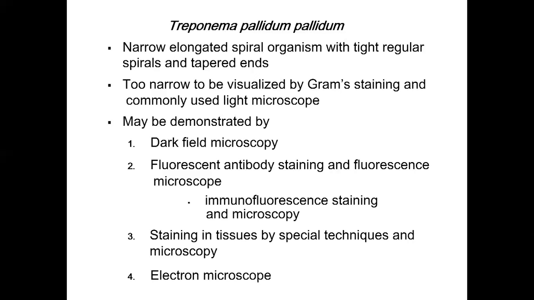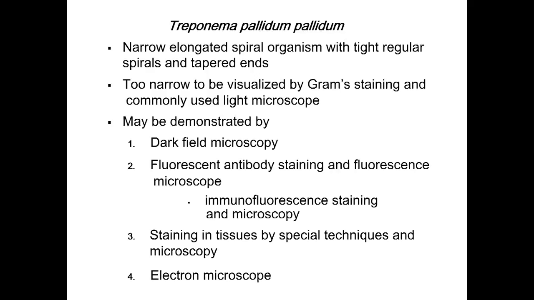That is, one has an antibody that is attached to some fluorescent material and reacts with an antigen on the body of that particular spirochete, and it remains there. And so one sees the fluorescence, and using that one can see the Treponema pallidum subspecies pallidum.